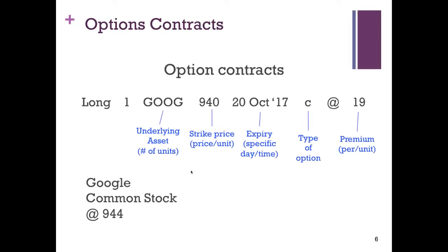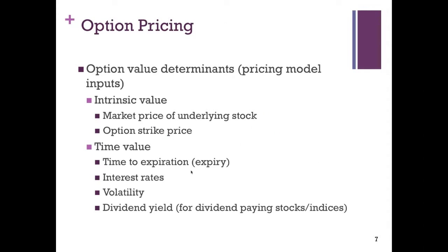So there you see the contract we just discussed. What are the factors that influence the price of the underlying asset? Well, in other words, to talk about it in a somewhat formal sense, what we're going to talk about are the option value determinants, or saying the same thing another way, the option pricing model inputs.